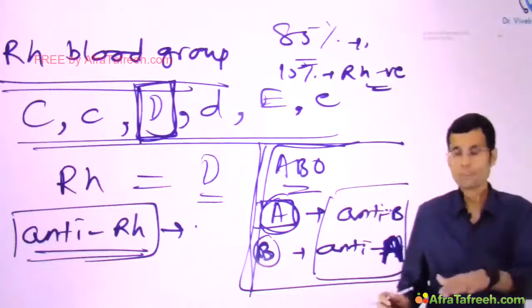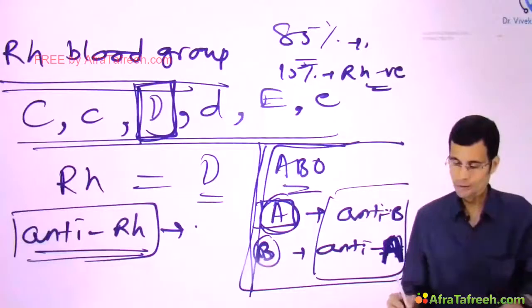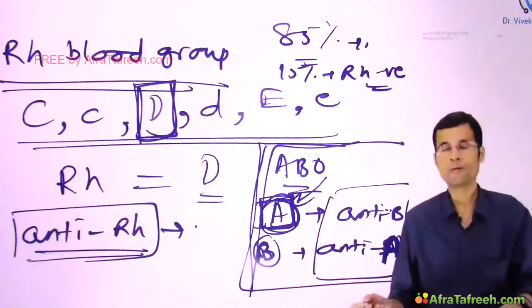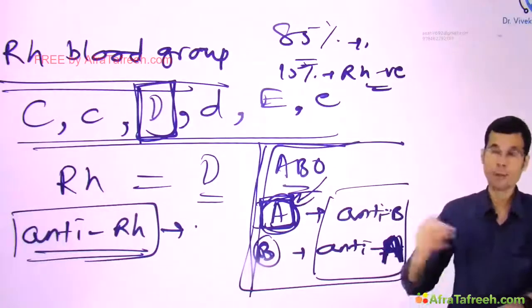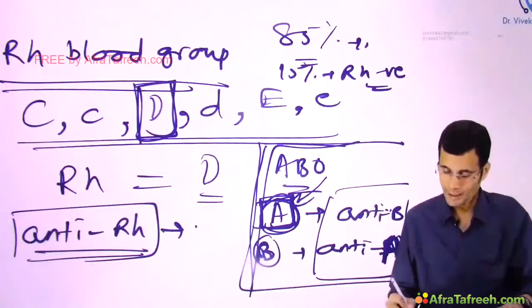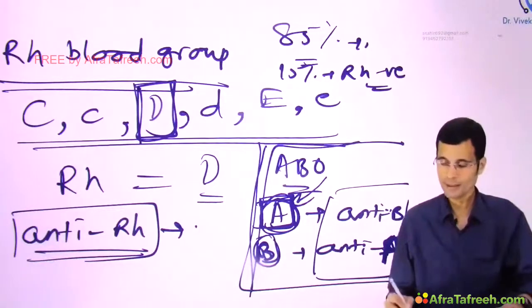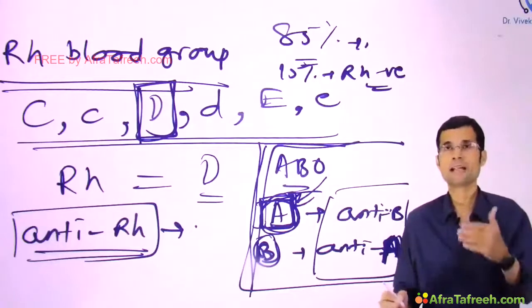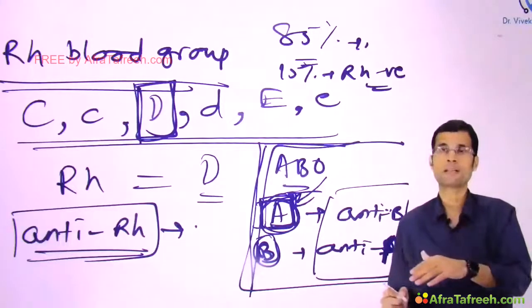So when both A and B antigens will enter the body, person's blood group is A, so A will be recognized as self, and antibody will not be formed against that A antigen coming from outside. But B will be recognized as foreign by this A blood group individual, and against that the antibody B will be formed in the plasma.